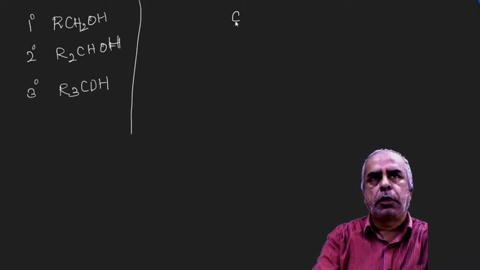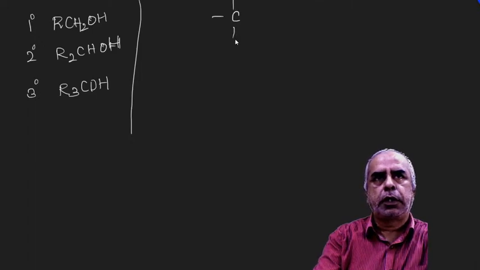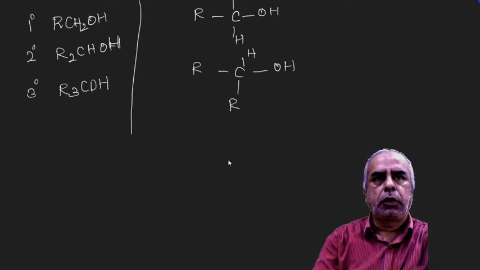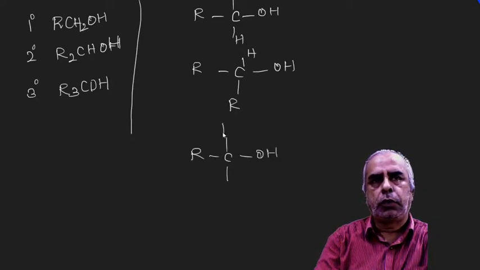For instance, primary alcohol can be represented as R-CH2-OH. In secondary alcohol, you have one R and one proton, that is one hydrogen. And in tertiary alcohol, you don't have a proton. So this is the way you can identify the type of alcohol.